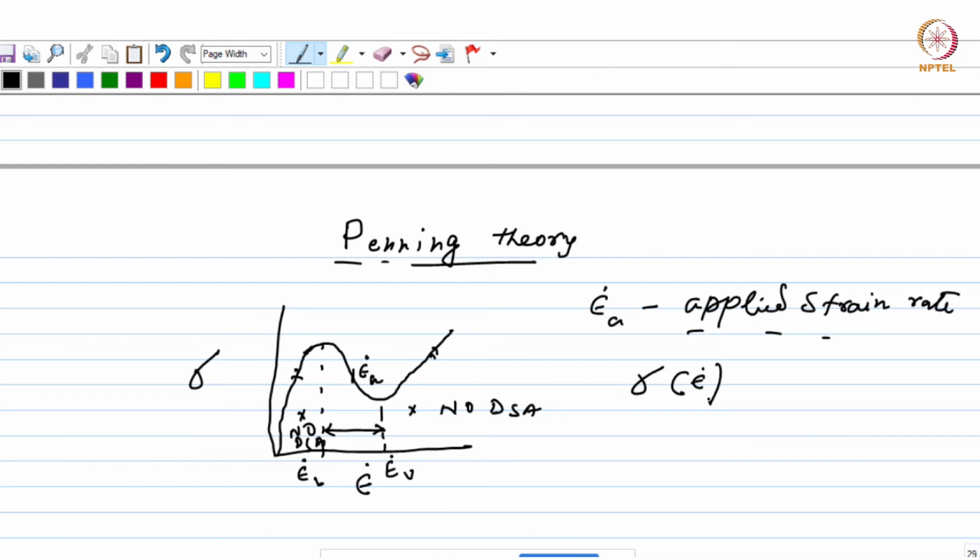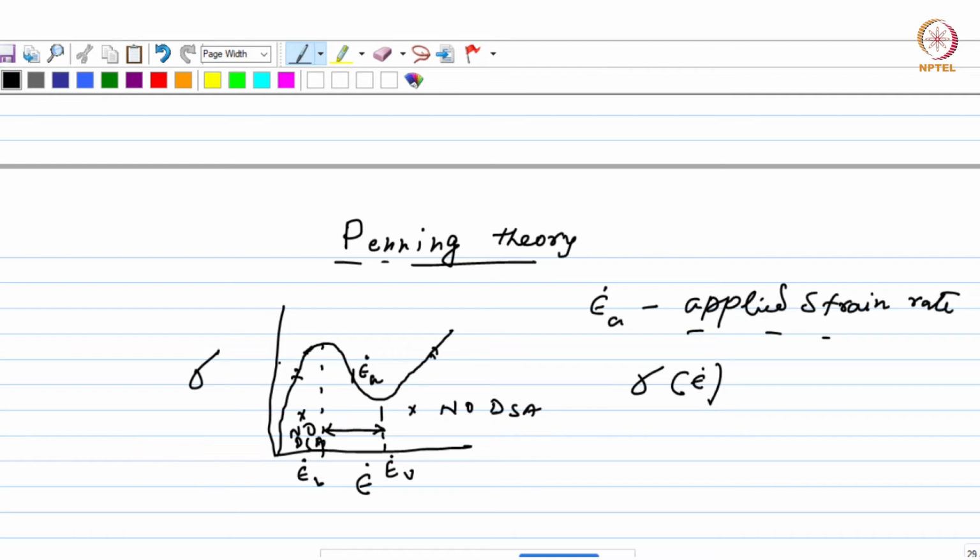So strain hardening also is a factor which will affect the deformation behavior of any material, or the flow stress at which you can further deform the material plastically. That will also depend on the strain hardening, right?